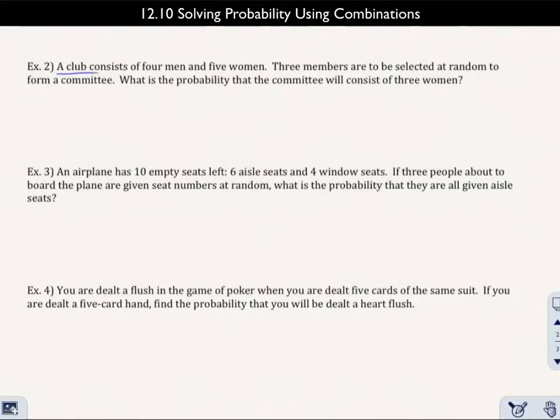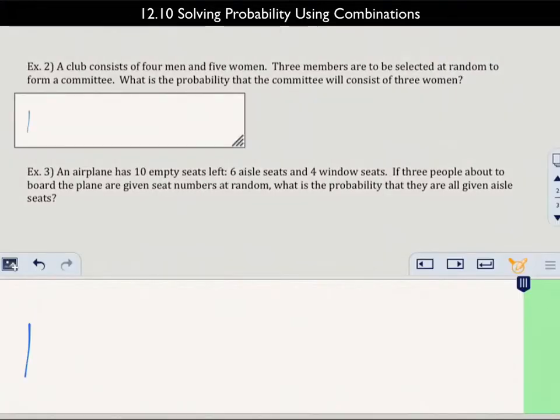Example 2: a club consists of 4 men and 5 women. 3 members are to be selected at random to form a committee. What is the probability that the committee will consist of 3 women? So here, we're looking for the probability of 3 women.